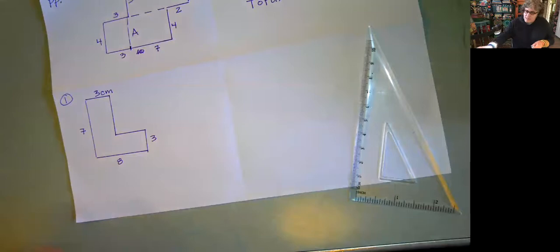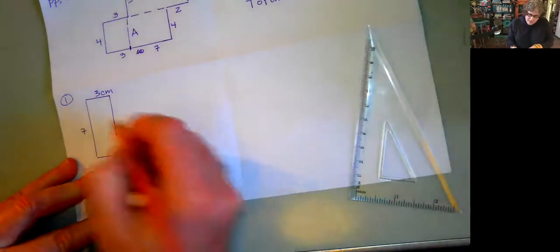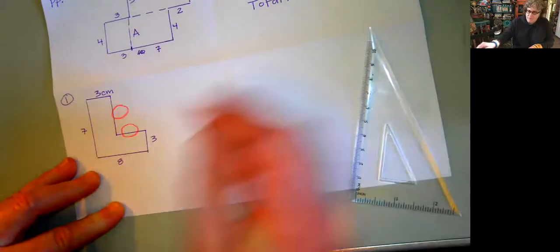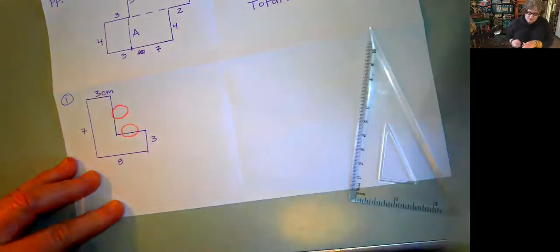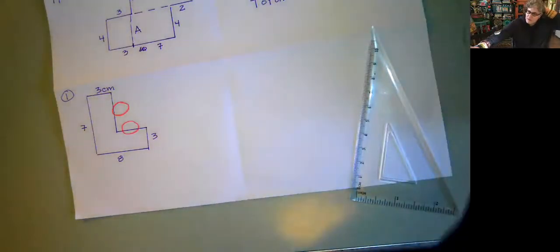The information I don't know is this, and this, and I probably need to know those for the perimeter. Oops, all my colored pencils just went flying.